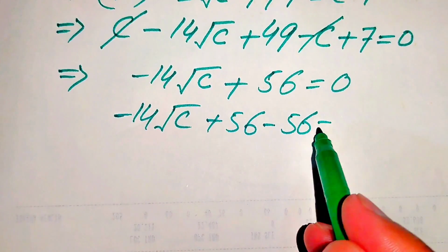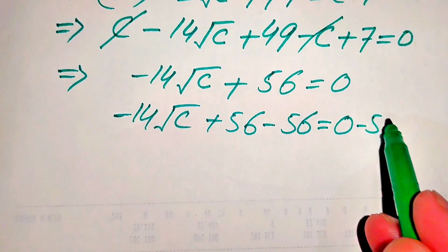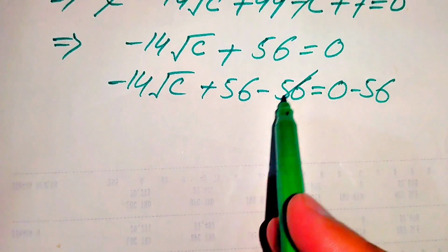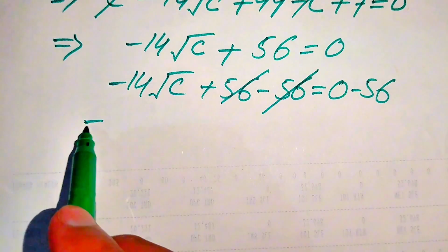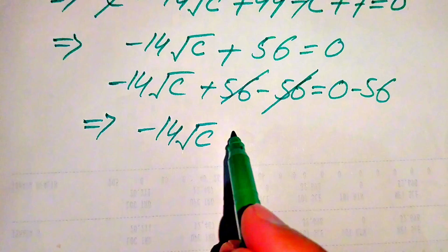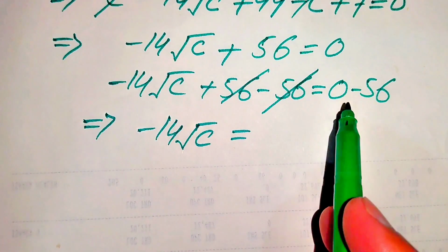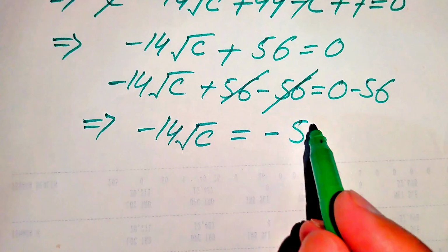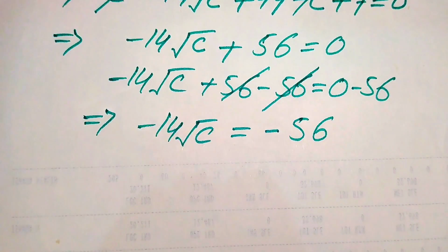So we subtract 56 on the left hand side and 56 on the right hand side, and you see the negative and positive are gone, and we get minus 14 times the square root of c is equal to, this is 0 minus 56, which is equal to minus 56.